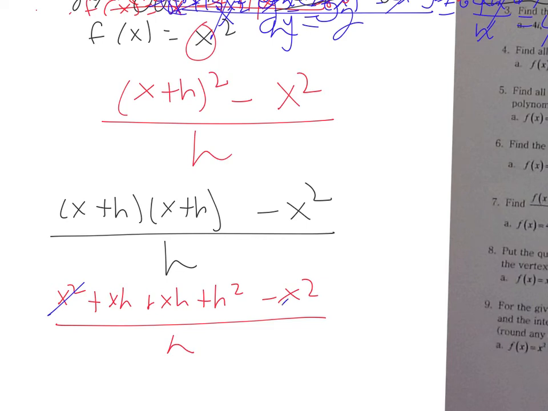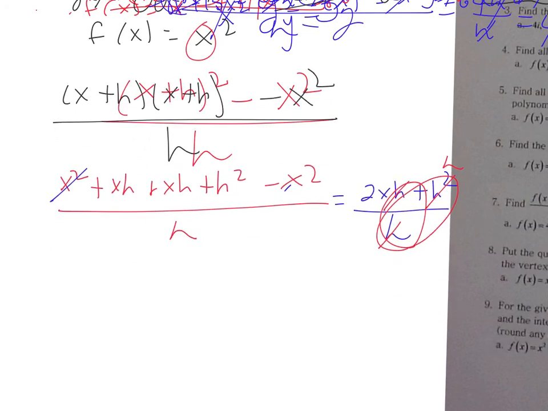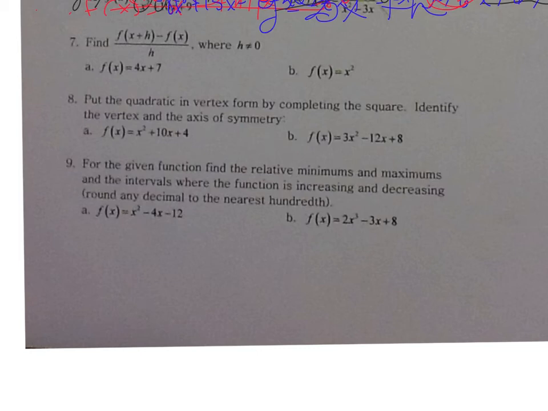I have xh plus xh is 2xh, 2xh plus h squared over h. All right, now I can reduce this. The h is reduced to just h over here, so my answer is 2x plus h. All right, let's take a look at number 8.